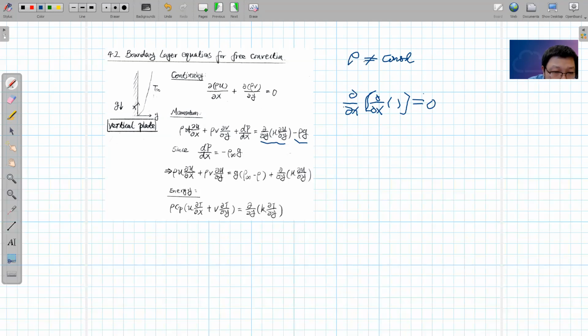Also, because the pressure inside the boundary layer and the pressure inside the free stream should be equal in the x direction, since they are hydrostatically equal, if we apply the Bernoulli equation for the flow outside the boundary layer, we can calculate that the pressure drop in the x direction is balanced with the gravity force.